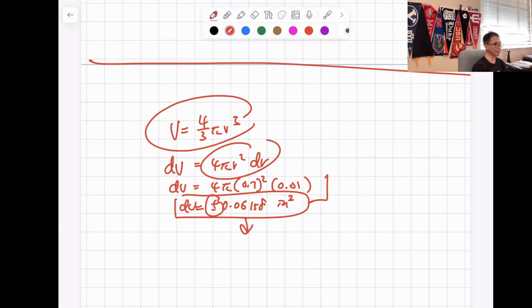Do you divide that over 0.7? No, you plug 0.7 into the volume equation first. You have to figure out the total volume first. Oh, I see what you're saying. Never mind. Yeah, so that would be a percentage error.